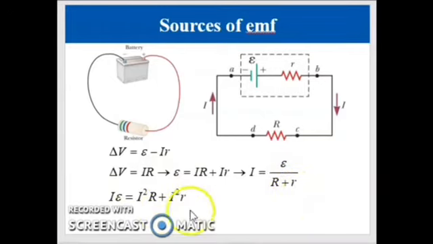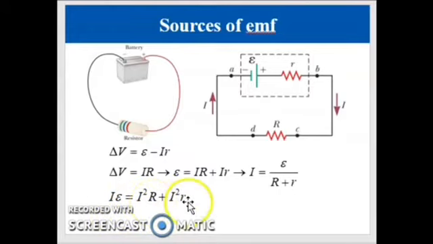Then the third one here, we just multiply everything by the current. And at the end of the day, we have epsilon equals IR plus Ir with the small r.